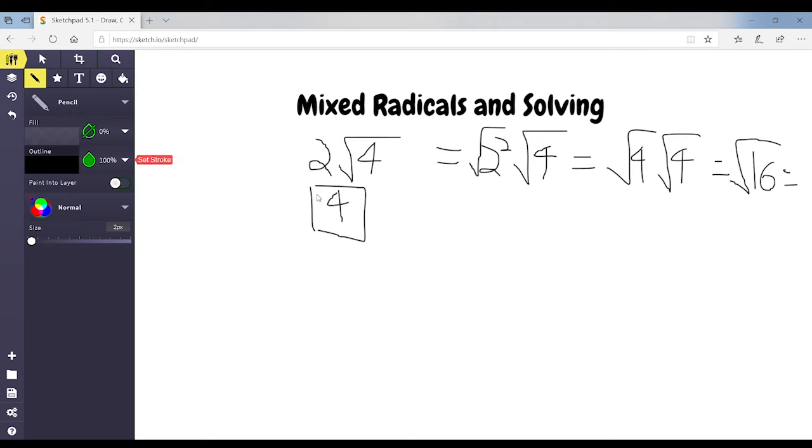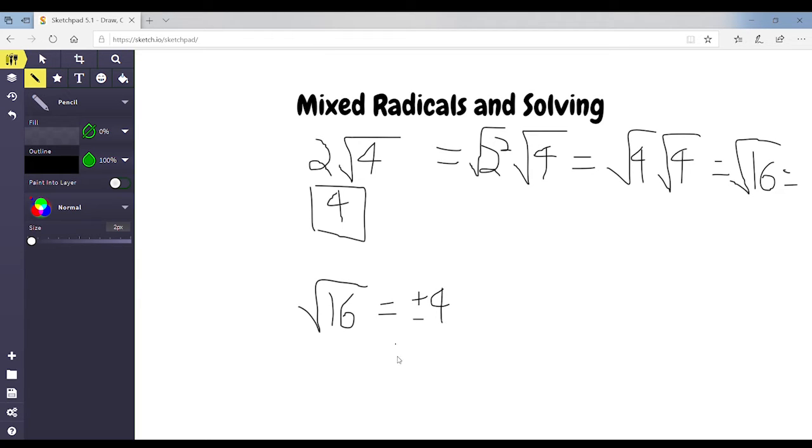So now, we just solved a radical, right? That was just because 4 times 4 is 16. But I want to go into positives and negatives in solving. Let's still use the square root of 16 as an example. The square root of 16 can actually equal plus or minus 4.